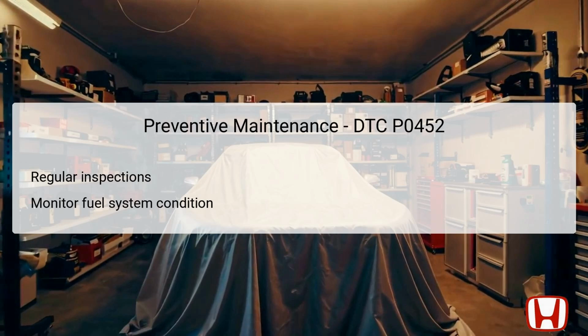This involves looking for any leaks or wear in the hoses and connections that could impact sensor readings. Performing regular maintenance, such as replacing damaged components and keeping the system clean, not only prolongs the life of the FTP sensor, but also helps maintain efficient fuel usage and reduces harmful emissions. Ensuring these preventive steps are taken will mitigate the chances of future issues related to the fuel tank pressure sensor.